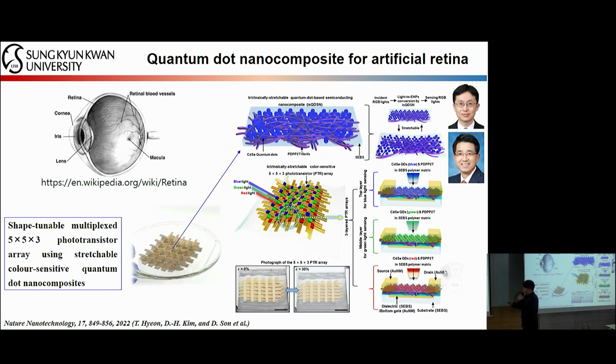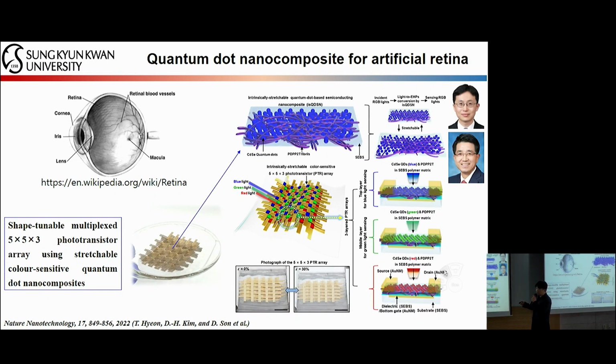The problem is that conformal contact of the existing CMOS array to the three-dimensional hierarchical structure of the retina is very challenging. In this regard, we recently developed a shape-tunable multiplexed phototransistor array using a color-sensitive quantum dot network composite.